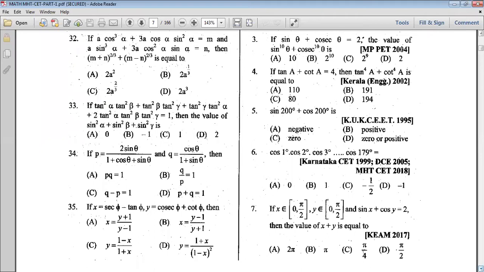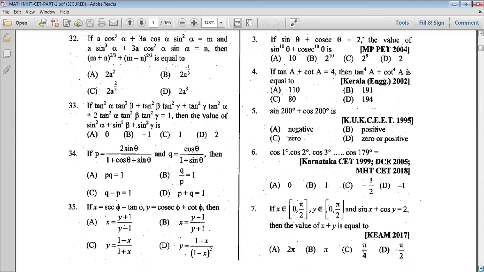It is given that tan square alpha tan square beta plus tan square beta tan square gamma plus tan square gamma tan square alpha plus 2 tan square alpha tan square beta tan square gamma is equal to 1.